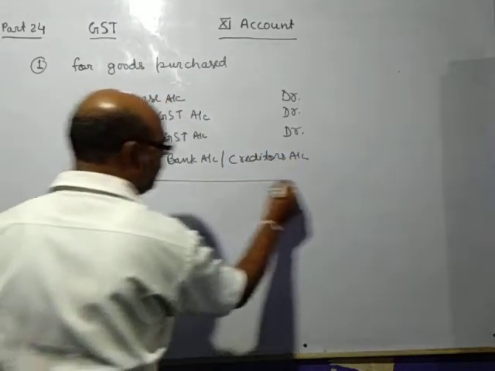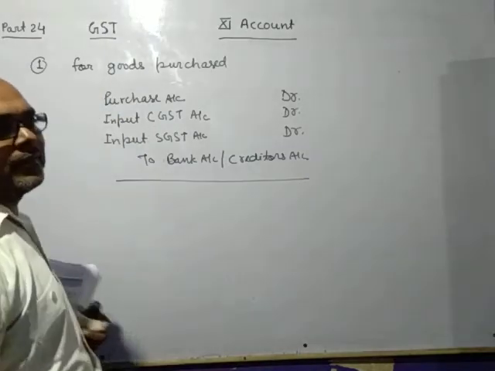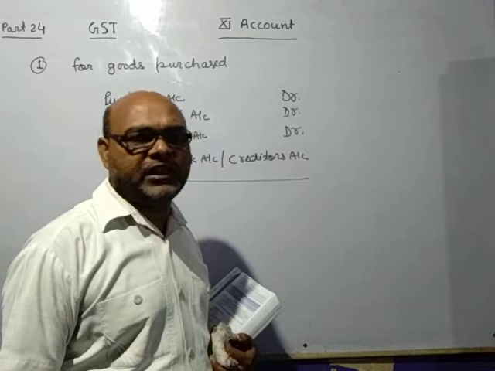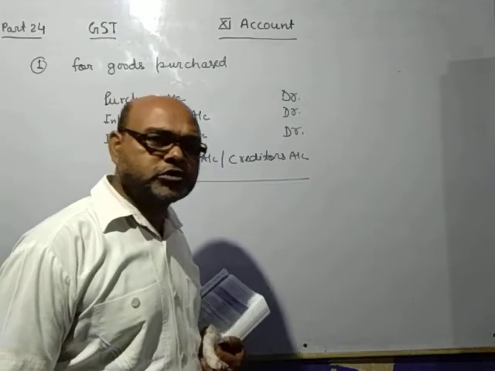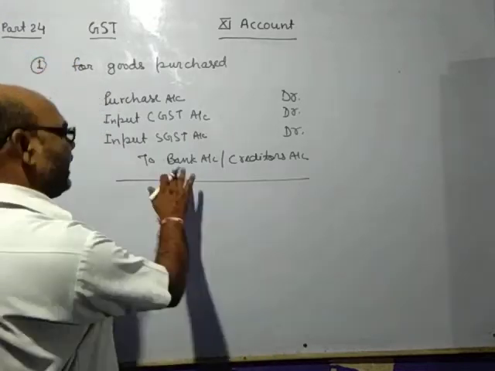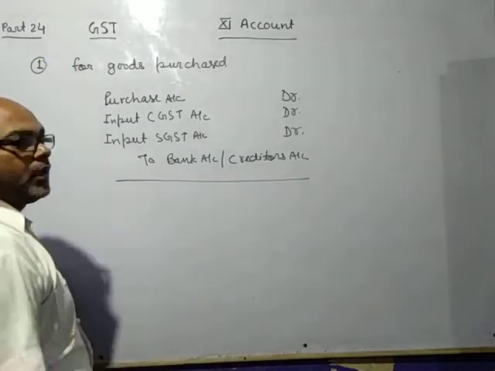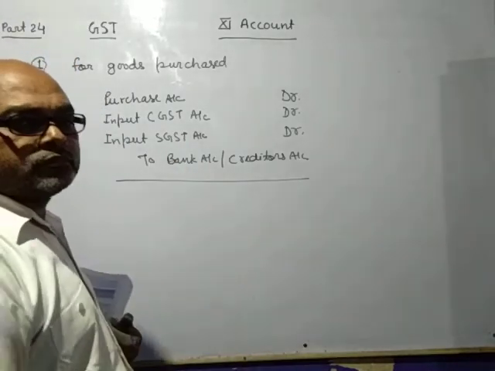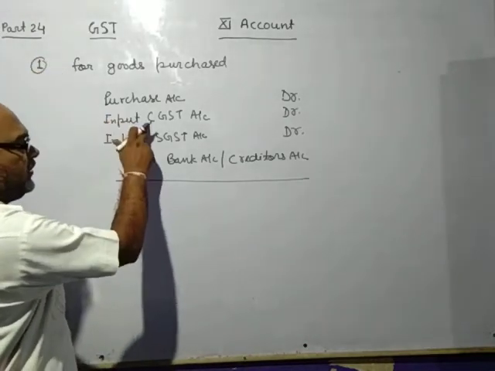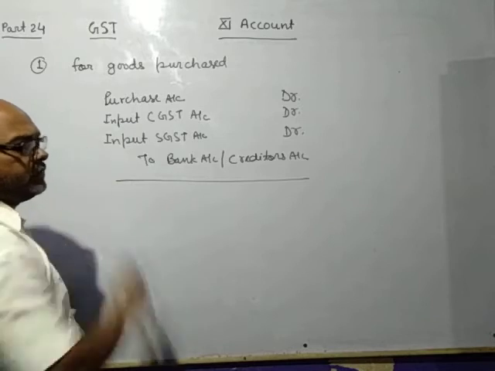When you purchase the goods for cash, now all the payments are compulsorily made by cheque. So mostly for the cash transaction, you will write the word bank. When you purchase the goods, you will pay CGST and SGST.